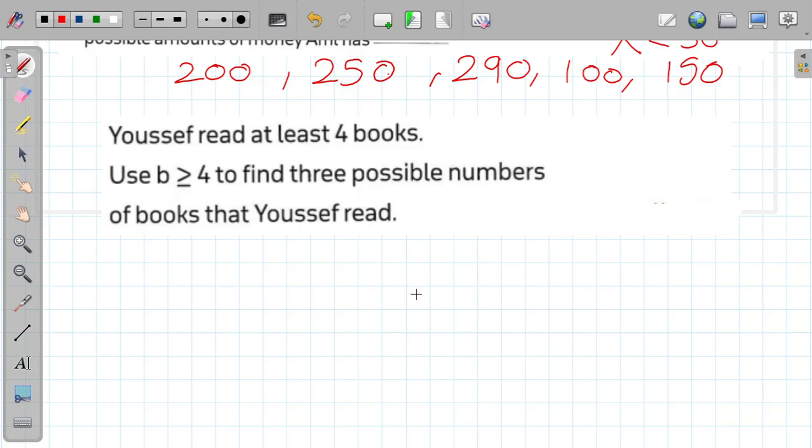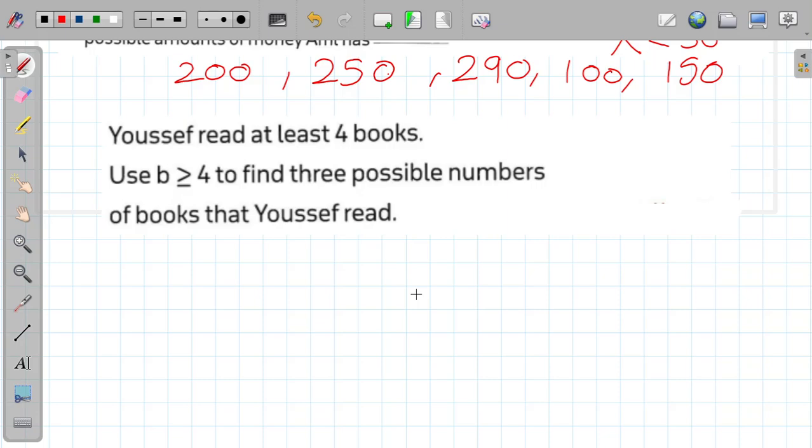next it says Yusuf read at least 4 books. Use b more than or equal 4 to find 3 possible numbers of books that Yusuf read.